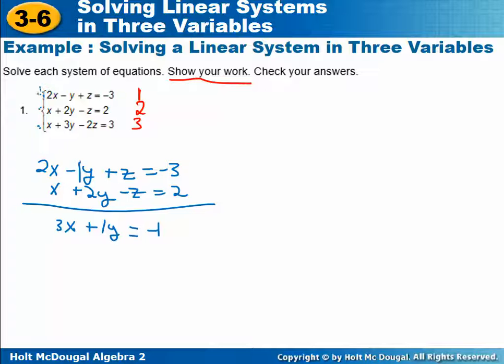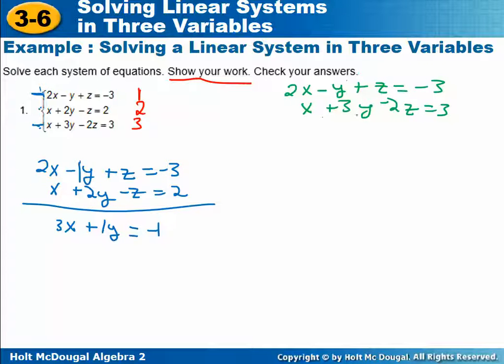I guess I'll just use 1 and 3. So here's, let me get a different color, number 1, and again, I want to also try to get rid of the z term again. It wouldn't do any good to get rid of the y term when down here I have an x and a y. I want them to be the same 2 variables when I'm done. This would be x plus 3y minus 2z equals 3.